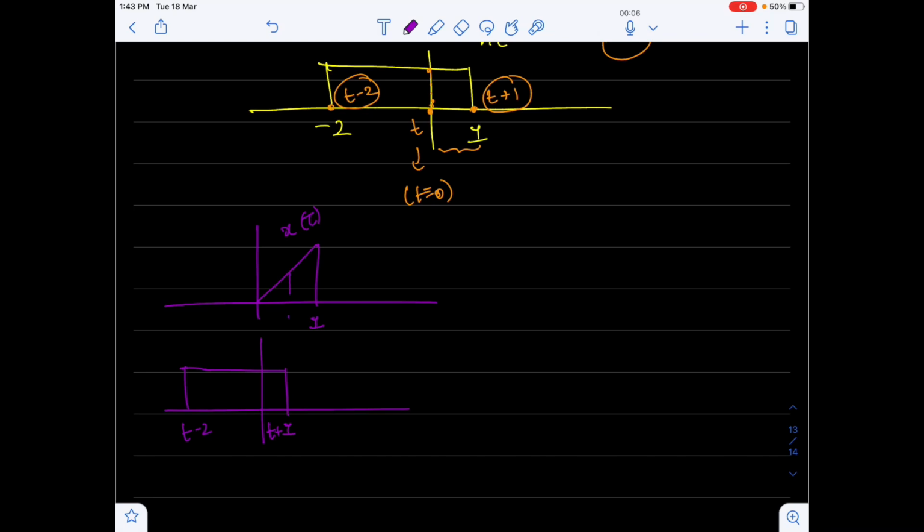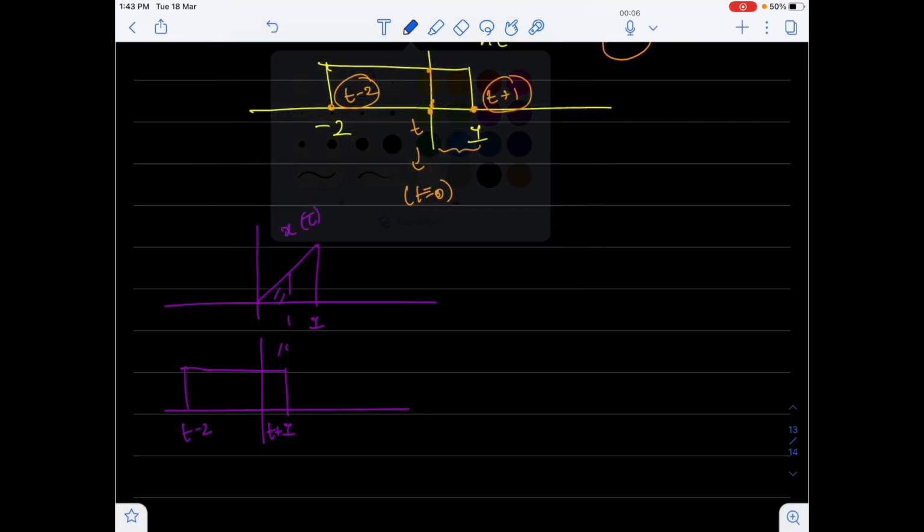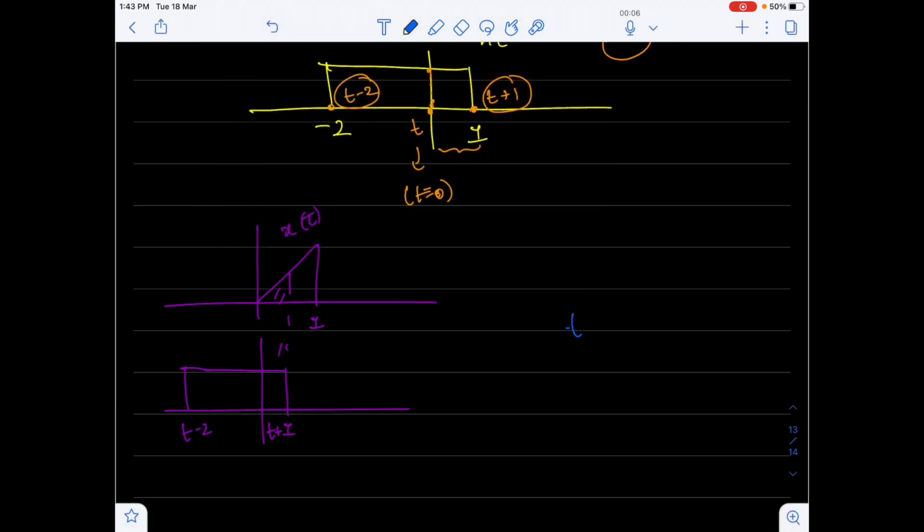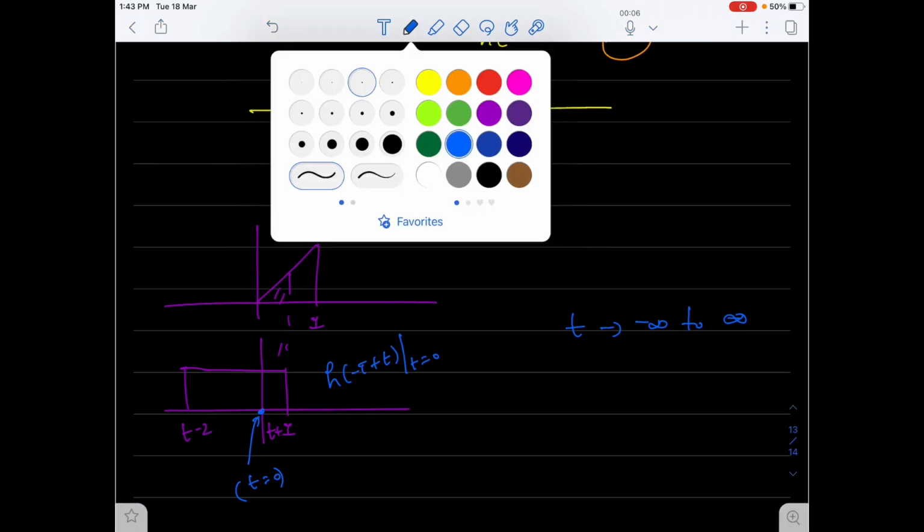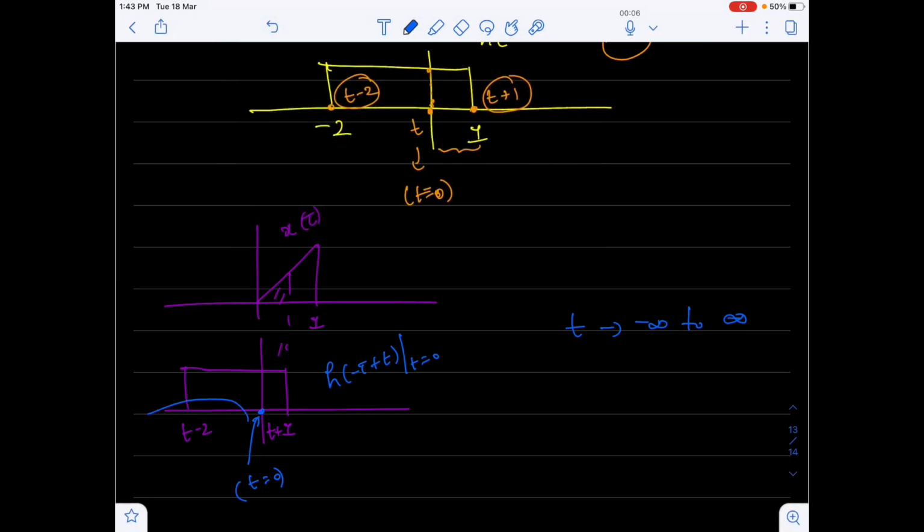Now there is already an overlapping, so move the function first, because we want to change our t from minus infinity to infinity. Right now this is your t, that is equal to 0. This is h of minus tau plus t with t equal to 0. Now we have to shift this back a little bit so that there is no overlap, and we have to find that limit.